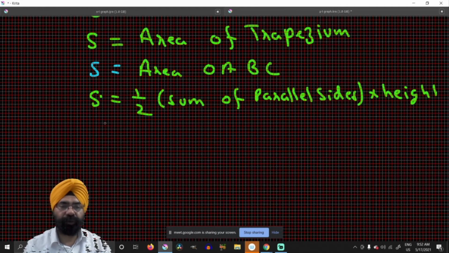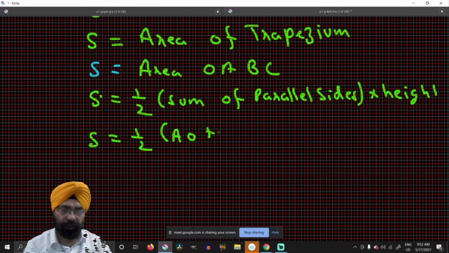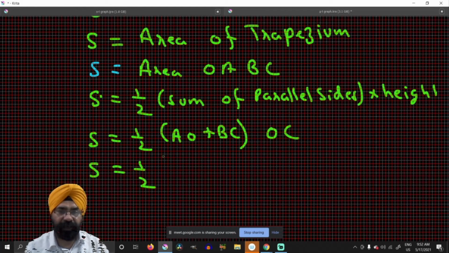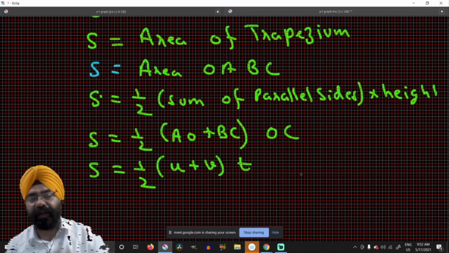So S is equal to half, and the parallel sides are AO plus BC, and the height is OC. So S is equal to half, AO is U, BC is U plus V, and OC is T. So we have arrived till here.